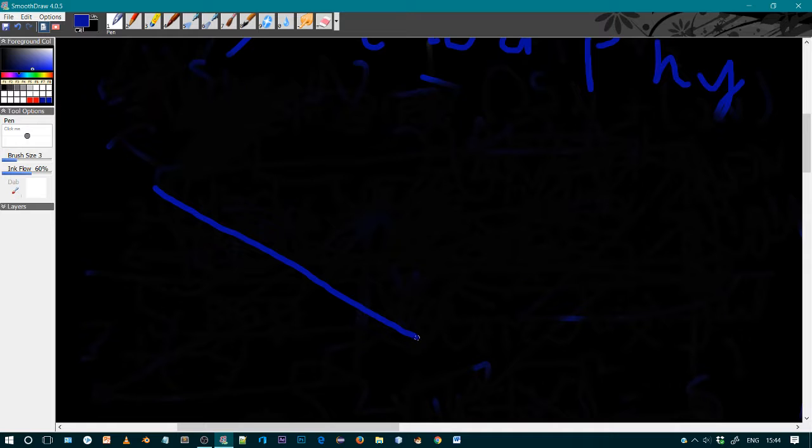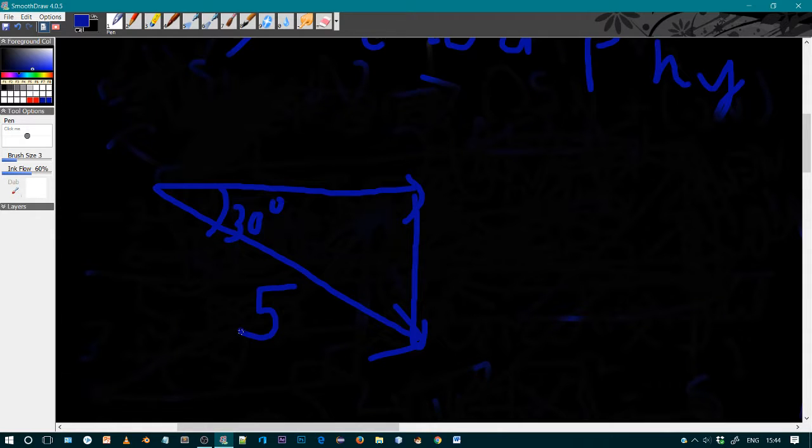I'll give you a question now. This is a vector, this is 30 degrees, this is 5. Find its x component and y component.